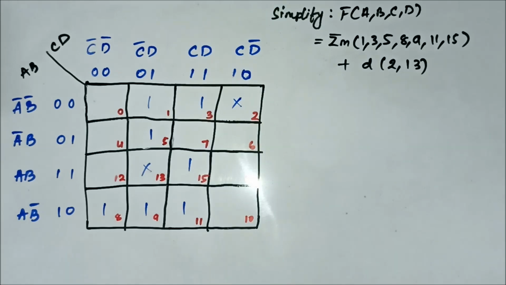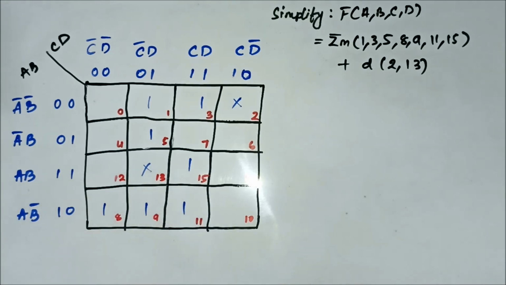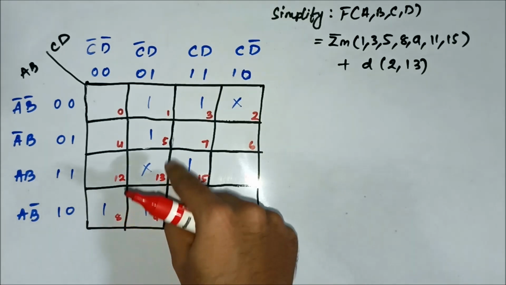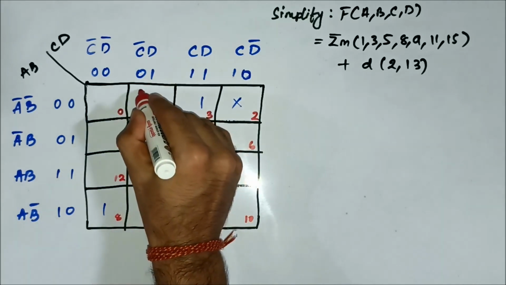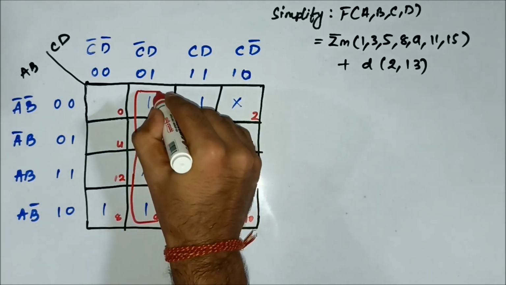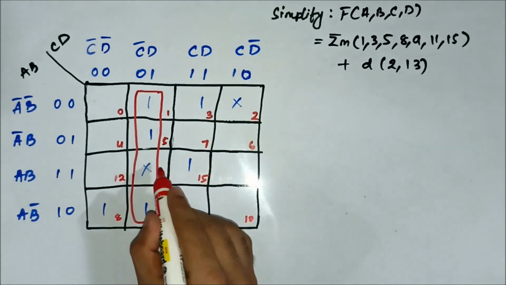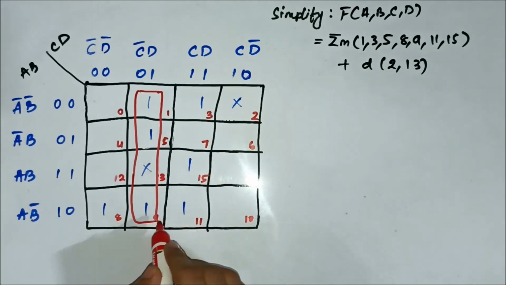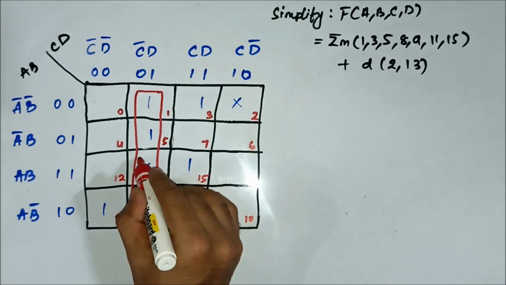So now we have to form the groups. So you see cells 1, 5, 9 and 13, we can form a quad here. Then we can form a quad with these cells 9, 11, 13, 15.